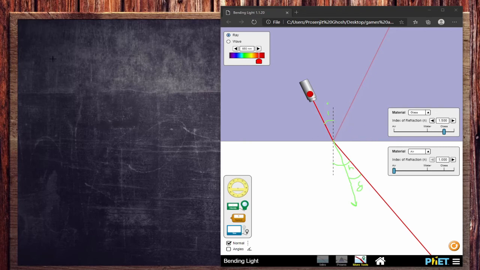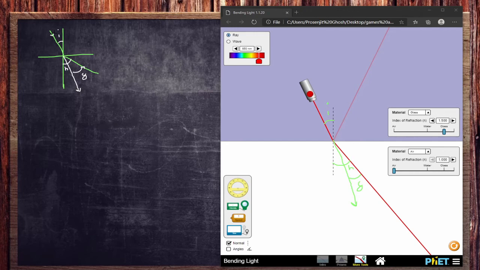Let me also draw it over here. This is the falling light and this is how it passes. This should be the clear path of the light, but it's deviated to this. So this is the deviation of light, and we know that this is I, and the total from here to here is R, the refracted angle.